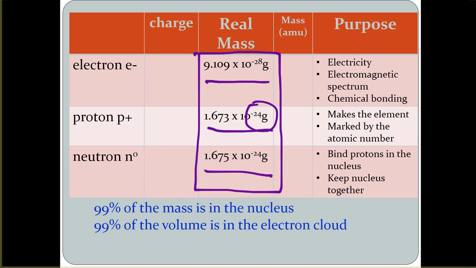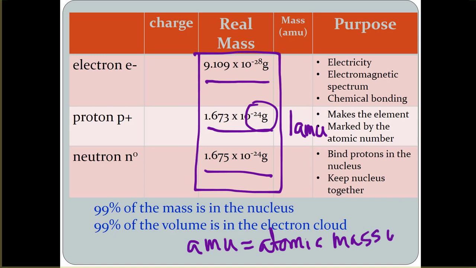So we can see that the neutron and the proton are very similar, but the neutron is just slightly bigger. So the two that are about the same size, we say that they have a mass of 1 atomic mass unit. So AMU is atomic mass unit.